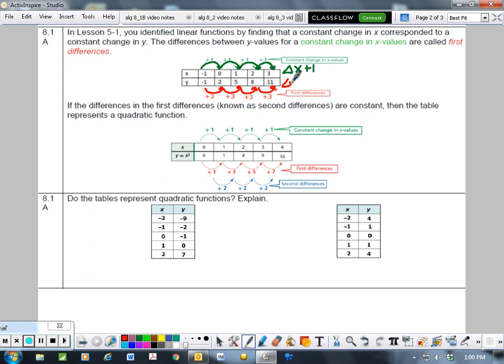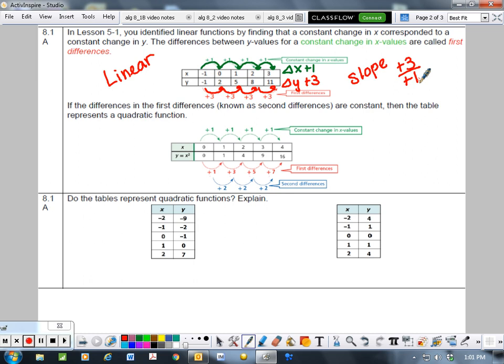So my change in y was plus 3. And in fact, we use this with our linear problem. Oh yeah, it's linear because it has the same change each time. And we use this to find slope, where our slope was how our y's change over how our x's change. And so yeah, this is a line. And in fact, my line is going to have a slope of 3.